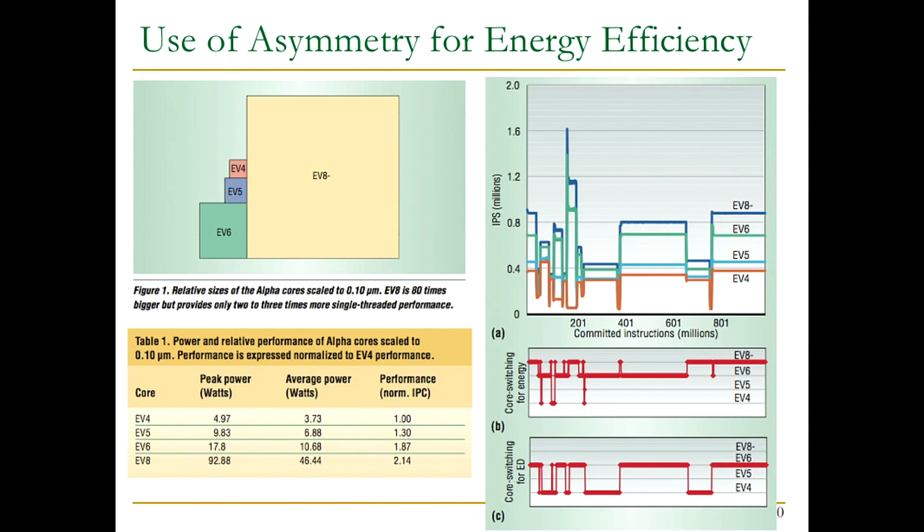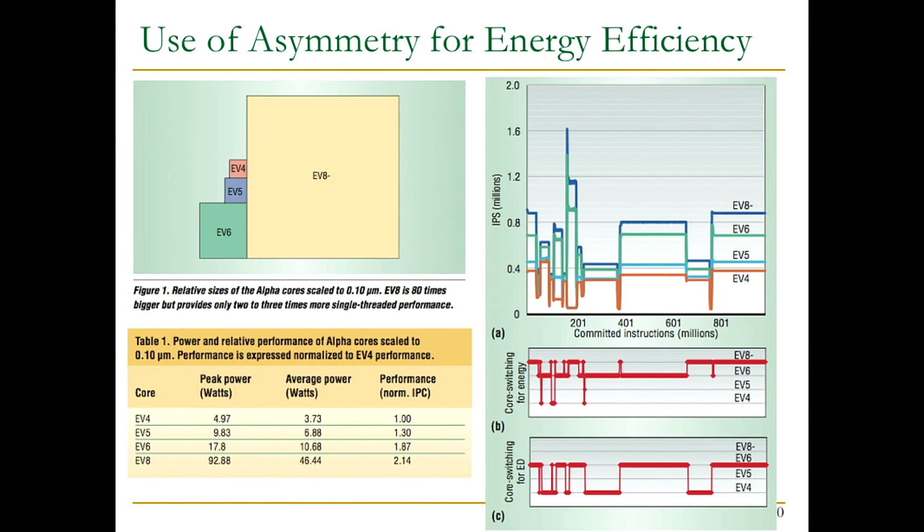Okay, so this is an example from that paper. Basically, let's assume you have these four different cores that you've designed. If you're a company like Alpha, or Digital Equipment Corporation, or Compaq, and you don't exist anymore, you may still have these cores. That's the point. You may have a huge, beefy core, and you may have a very, very simple core.